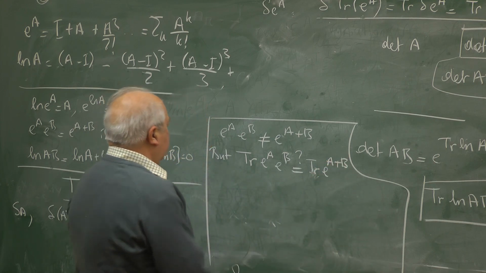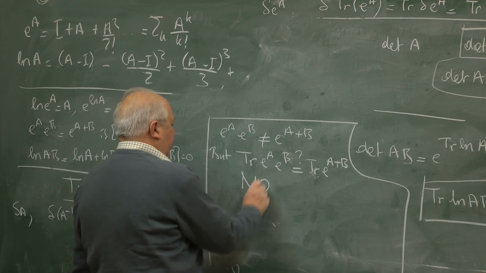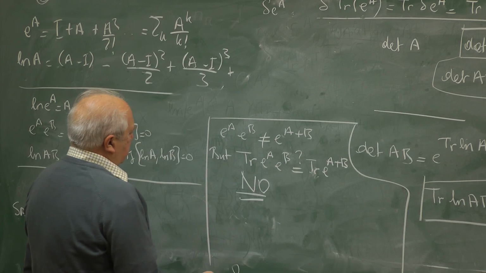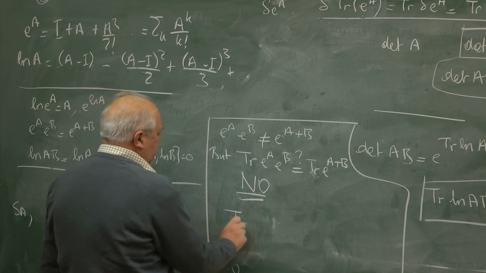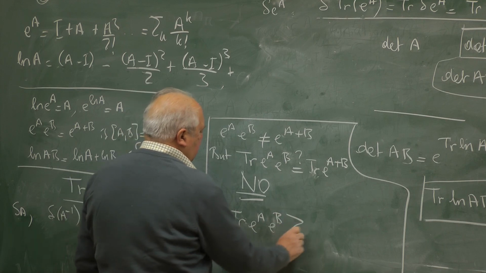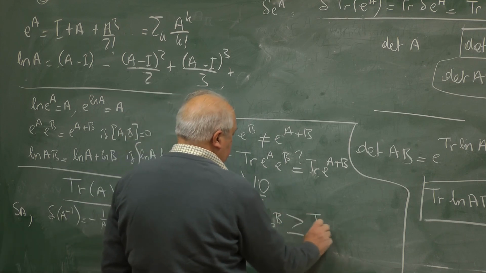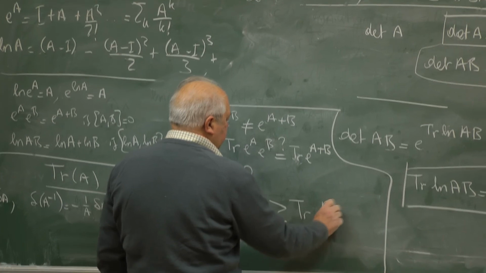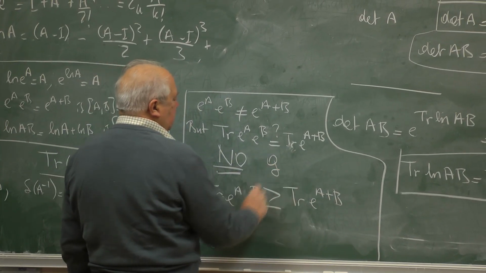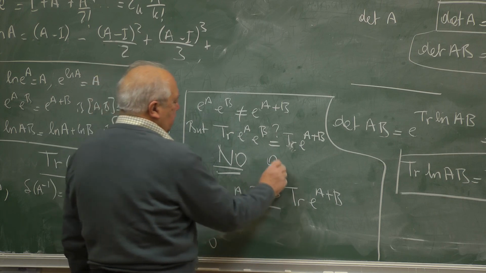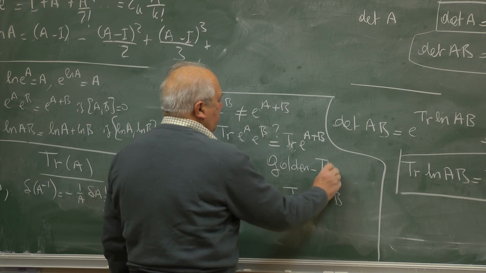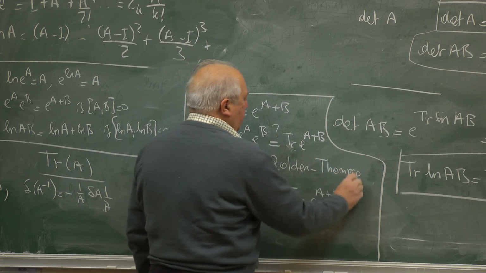The answer to that is no. It turns out that trace e to the A, e to the B is larger than trace e to the A plus B, and this is the Golden Thompson inequality. You can Google it or look from books.